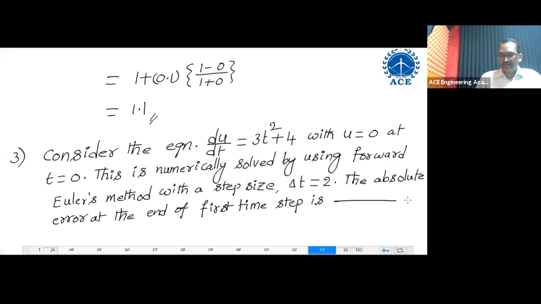No issue. Delta t means step size only. Start the solution. This problem was given in GATE Civil Engineering 2017.